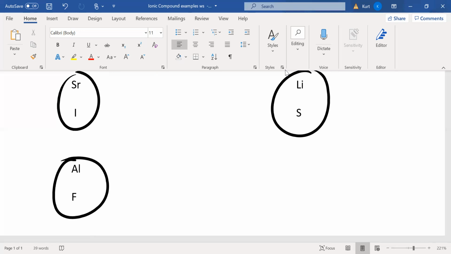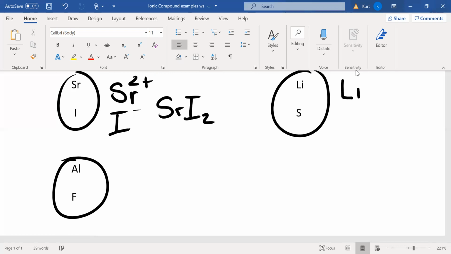All right. Nick, help us out with strontium and iodine. What is the charge of strontium? It's +2. Yep. How about iodine? -1. Yep. What's their formula? SrI2. What is the name of this compound? Strontium iodide. Carson, what is the charge of lithium? +1.